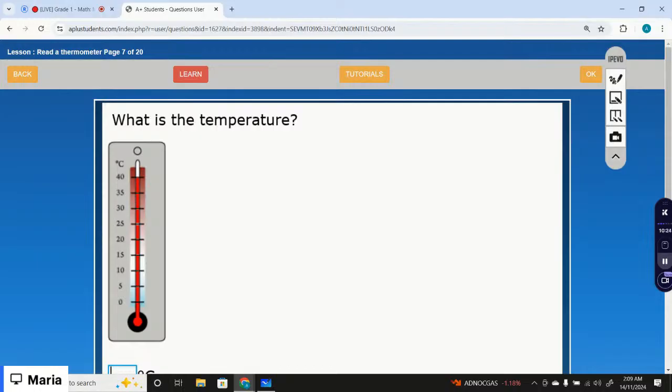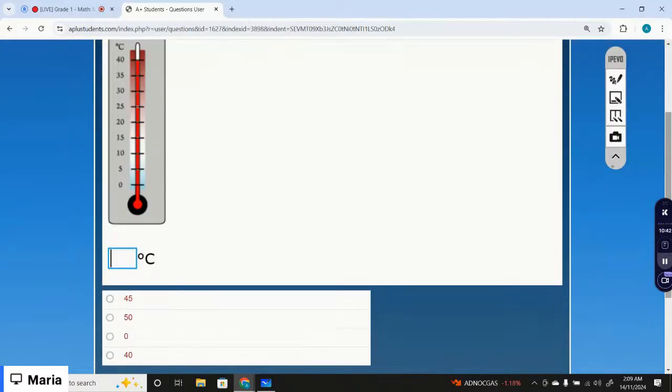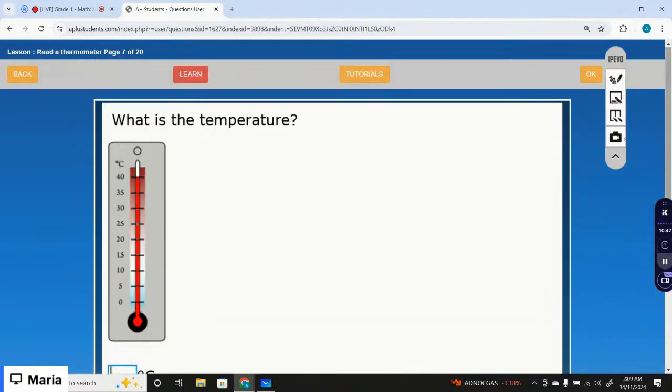What is the temperature? Which is the correct option? That is 40 degrees Celsius, right? The last option is the correct option. That is 40 degrees Celsius.